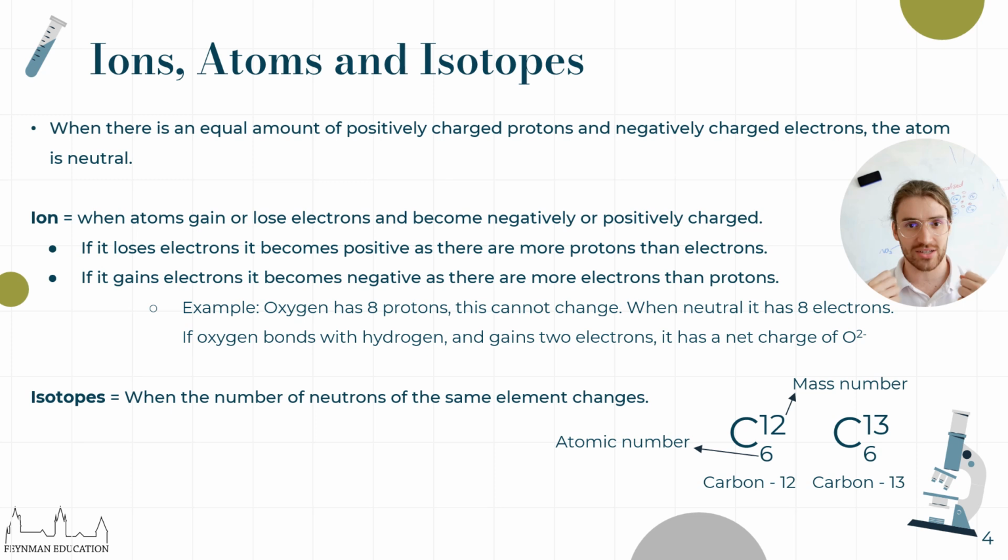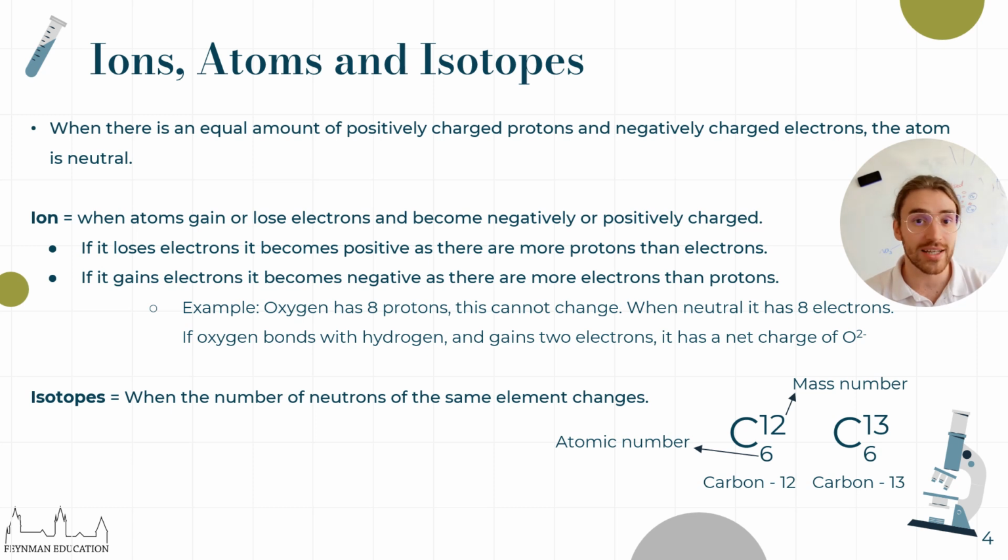So if it gains electrons, it's gaining negativity and it becomes negatively charged. Now, if it wants to be positively charged, it cannot gain protons, but it can lose electrons. It's losing negatively charged particles and therefore will be more positively charged. Okay, so we get a positively charged atom by losing electrons. We get a negatively charged atom by gaining electrons. Okay.